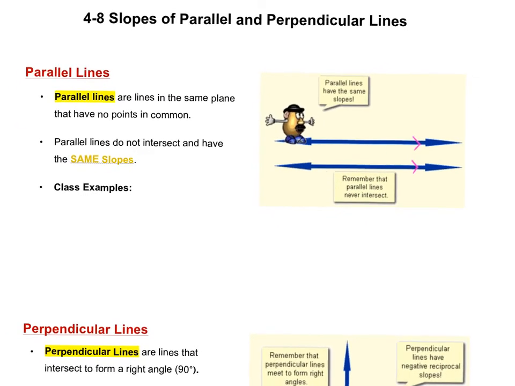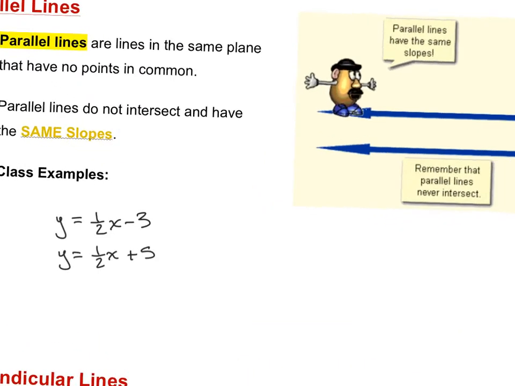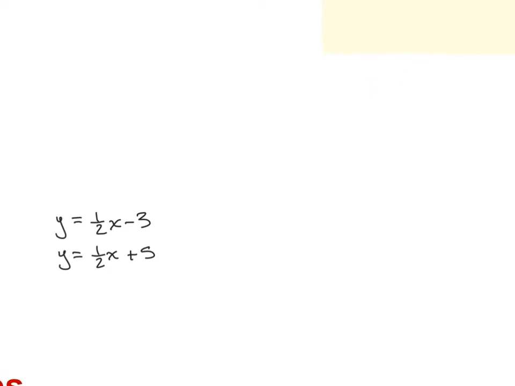They never cross. And if I was to look, for example, at y equals 1/2 x minus 3 and another equation, y equals 1/2 x plus 5, if I was to graph these lines, let's call this one line 1 and this one line 2.